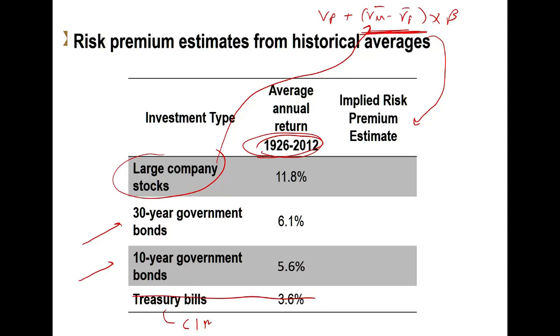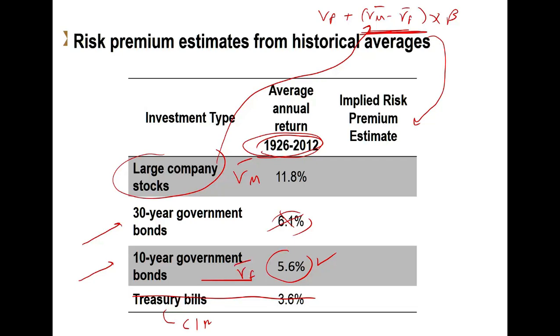So of these two possible candidates, which one will you use as a risk-free rate for Google? One would argue that Google does have some long-lived assets, but most of its assets are not considered as having long useful lives. So of the two, I would probably choose this as my risk-free rate. So this is my RM, and this is my average risk-free rate.